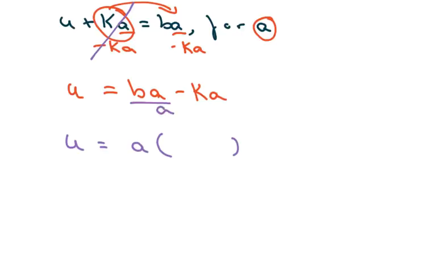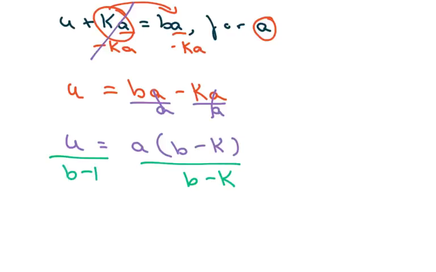That means I'm dividing by a. So that cancels, and you get b minus k. Then you can divide both sides by b minus k. This cancels, so you get a equals u over b minus k.